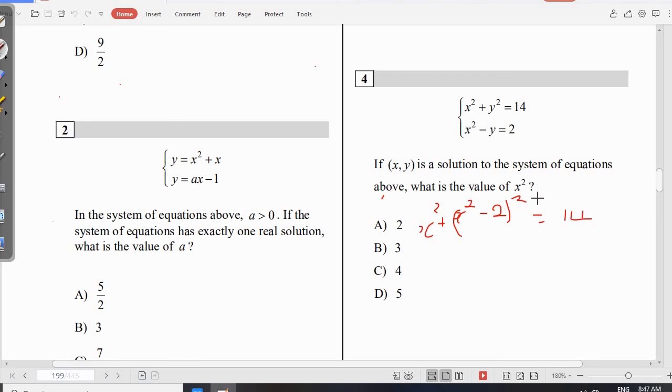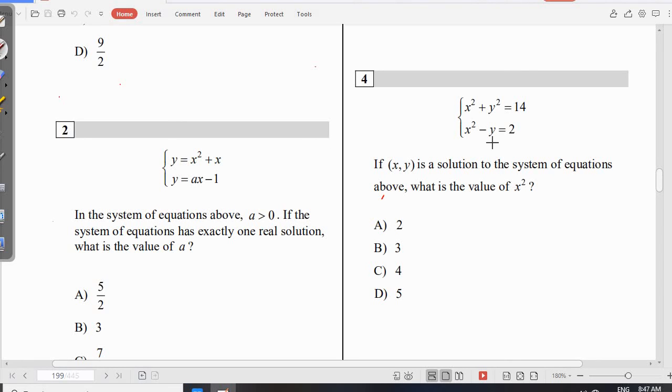Now if you expand x squared minus 2 times x squared minus 2, this will be way longer. I think we stick to the former one.